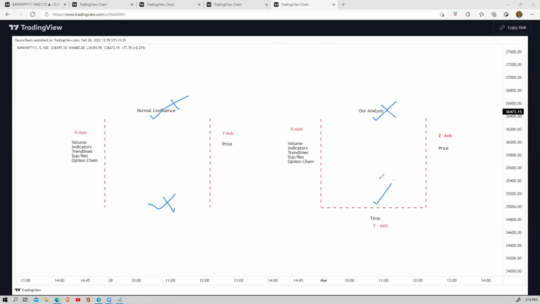You're taking time. This time is giving you the perfect trade. The price, yes, we are taking into consideration while analyzing the trade for the next day. We are taking indicators as well. So this particular strategy has fewer loopholes than any other strategy. That is the reason this kind of trade is very accurate.